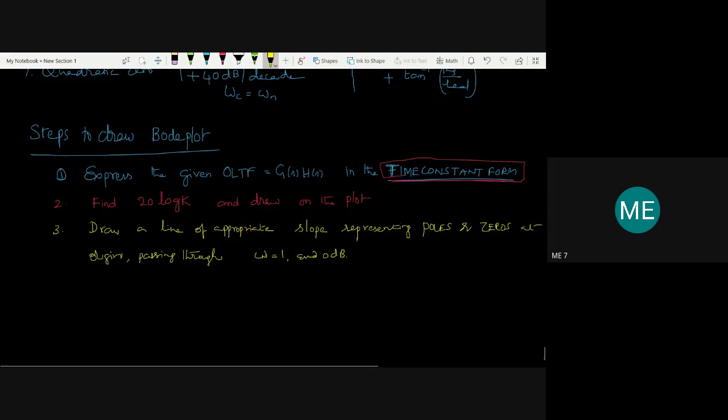Next is the fourth one. We need to shift, that is what we discussed while discussing the K and poles at origin, shift the intersection point onto the 20 log K line.